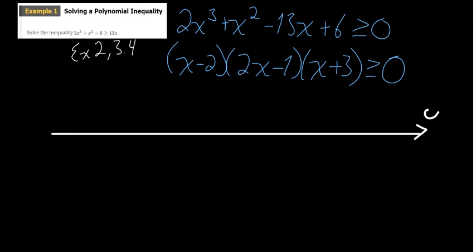Obviously infinity is this way, negative infinity is this way. Probably should have given our zeros first, huh? So our zeros are at x equals a positive 2, x equals a positive 1/2, and x equals a negative 3. We have to get our zeros out of the way so that we can put up our walls.